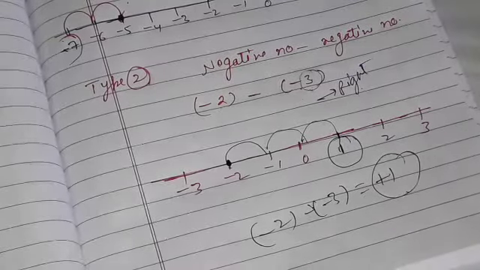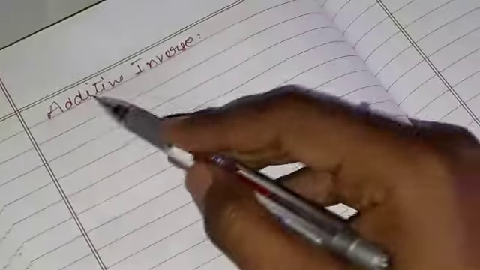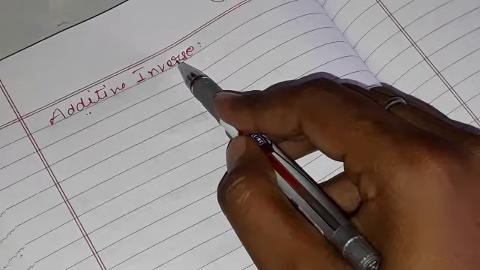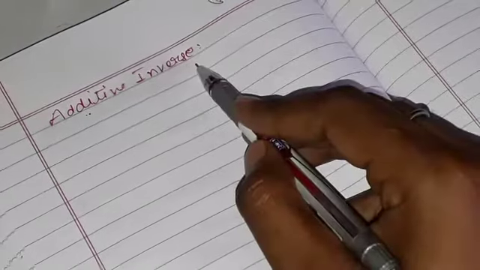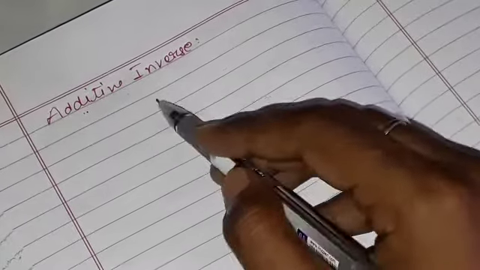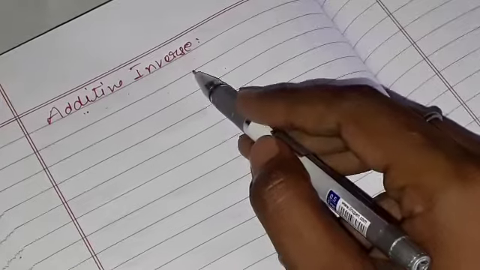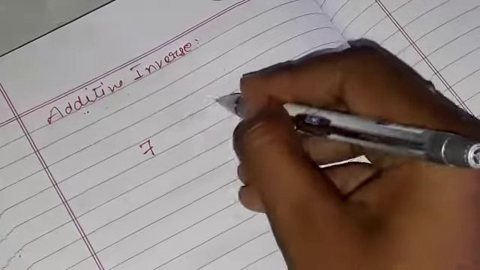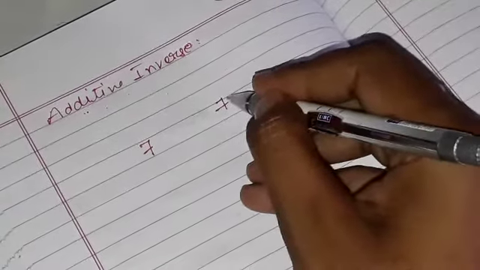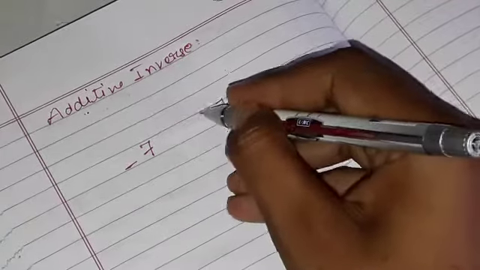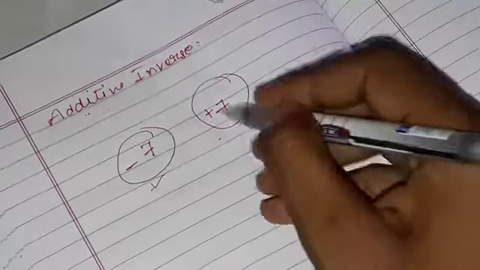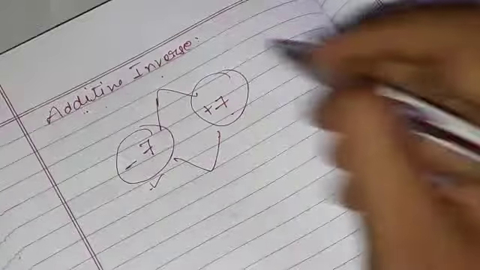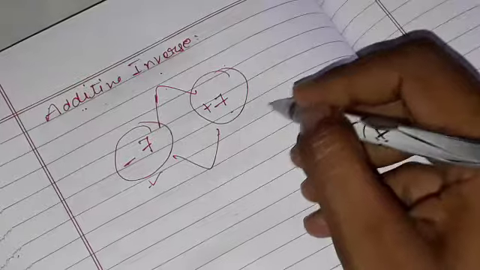This is your answer. Class, the next topic is additive inverse. If two integers have the same numerical value but have opposite signs, then we can say these two numbers are additive inverses. It means if two digits have the same value, 7 and 7, but one contains a negative sign and one contains a positive sign, then minus 7 and plus 7 are additive inverses of each other.